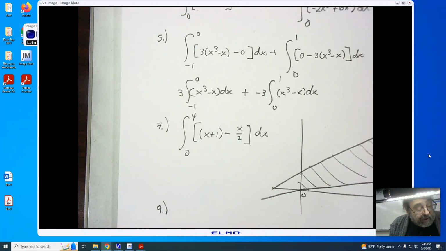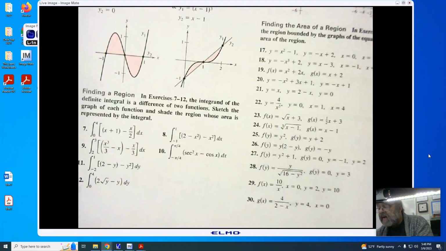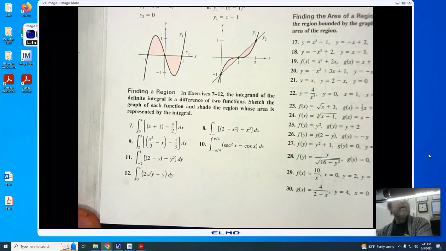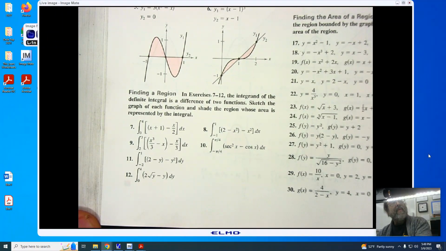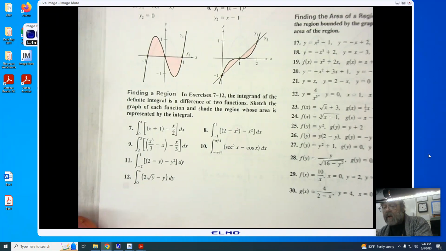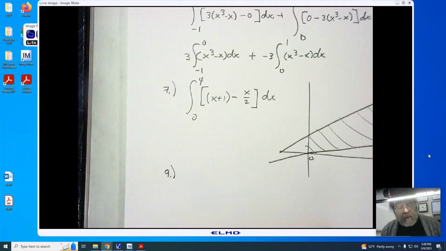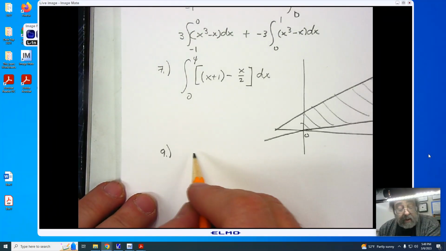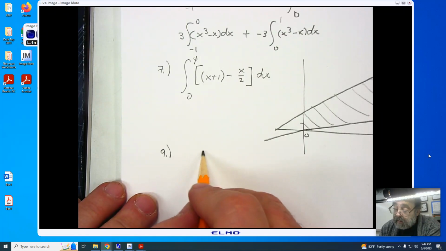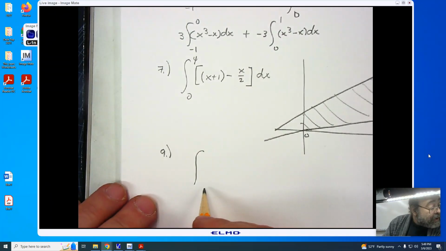Number 9 gives us a cubic and a linear, similar to what we saw in number 5. We're going to do the linear, then we're going to graph the line with a 1/3 x, and then we're going to shade in our region. Now keep in mind that there is going to be a little bit of a trick here, because as we do this integration, once again we're going from 2 to 3.